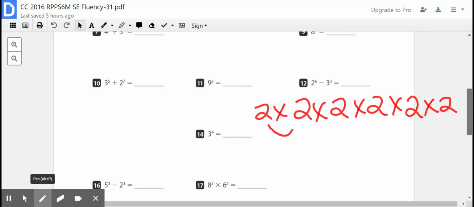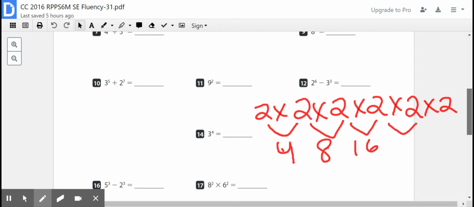And so how we would solve this is 2 times 2 is 4. 4 times 2 is 8. 8 times 2 is 16. 16 times 2 is going to be 32.